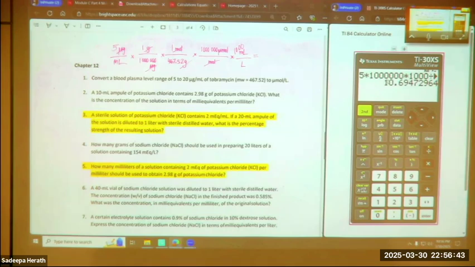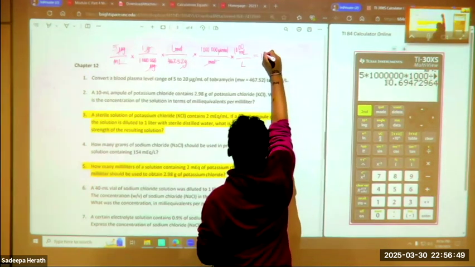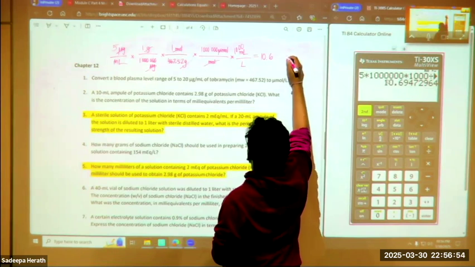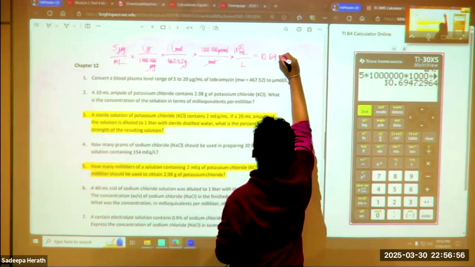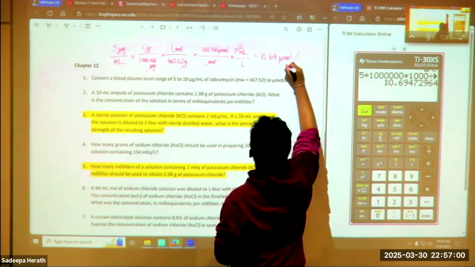Okay, 10.69. Let's just do 10.69 micromoles per liter.